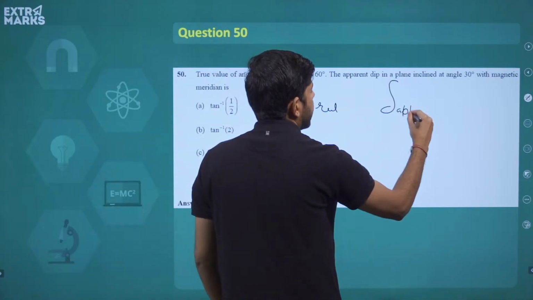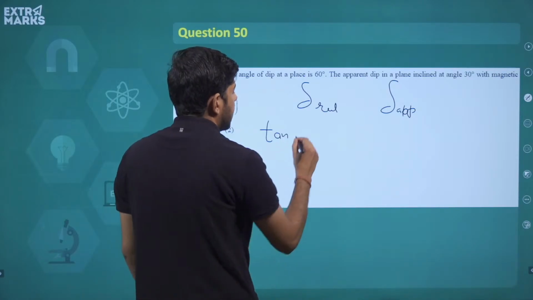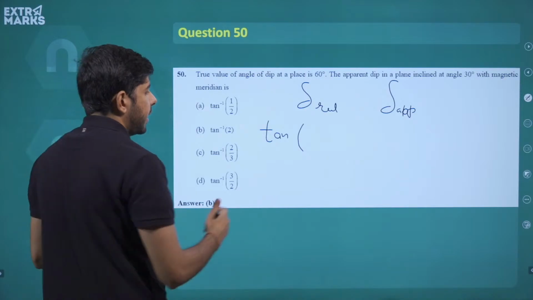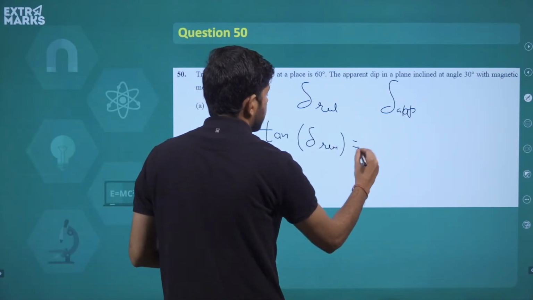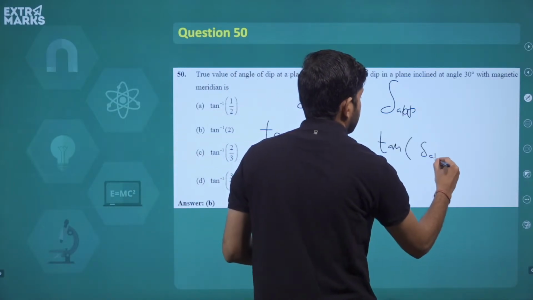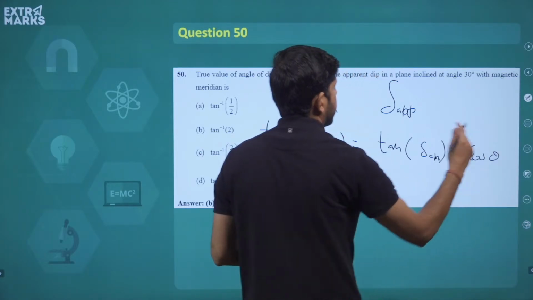So what is the relation? Tan theta of real dip equals tan of apparent dip into cos theta. Theta is the angle of the plane.